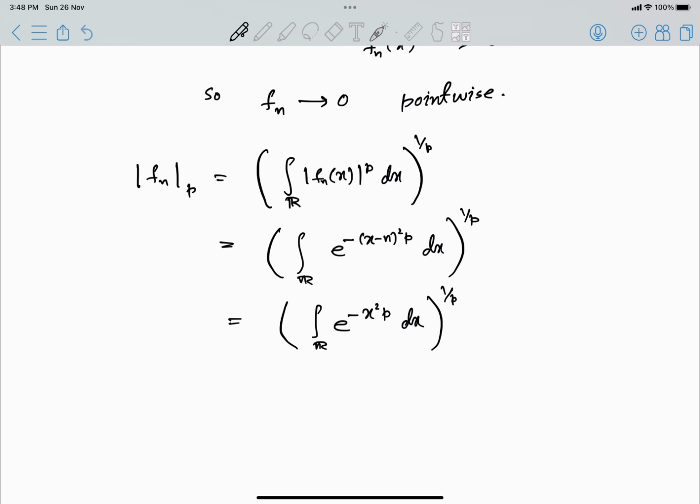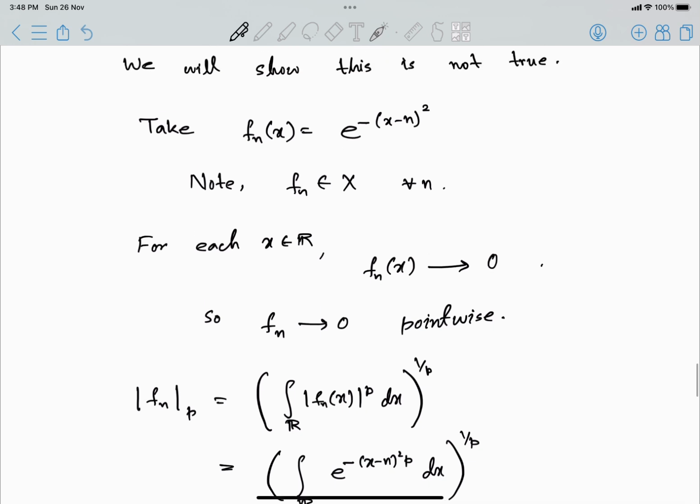So what is this? This is the case n equals 0, so this is ‖f_0‖_p^p, because suppose this is defined for all n bigger than or equal to 0.